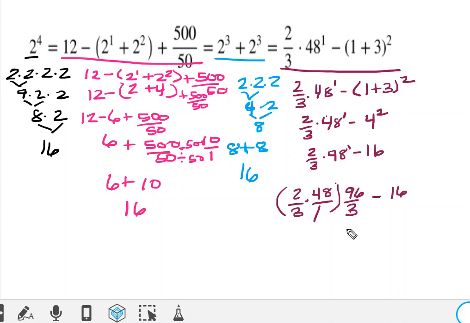Well, it can go into 9 3 times, and it can go into 6 2 times. So then we have 32 minus 16, and 32 minus 16 is in fact 16. So as you can see, by evaluating each one of these expressions, we did prove that these were equivalent expressions.